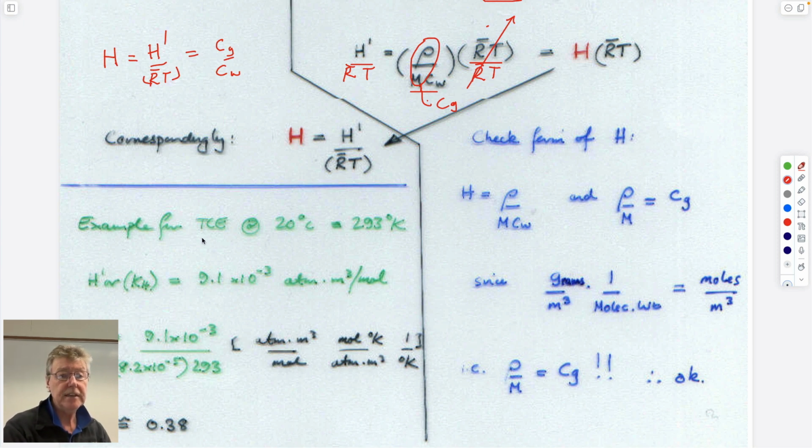So if we take TCE, the Henry's law coefficient apparently at 20 degrees centigrade is 9.1 times 10 to the minus 3 atmospheres meters cubed per mole.